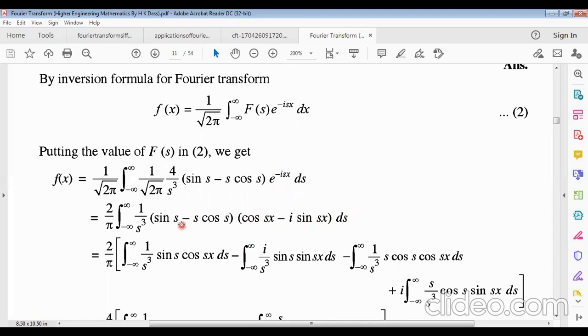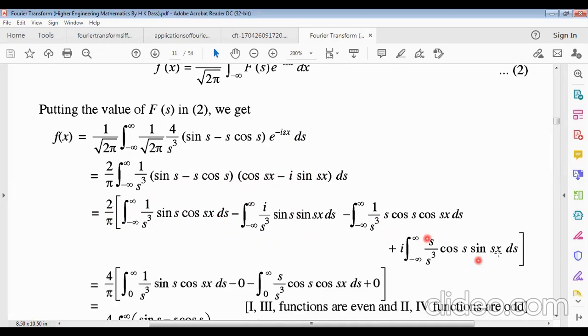So there are two terms actually. Multiplying sin s with this and s cos s with this, we get 4 terms, because sin s multiplied with this makes 2 terms, and minus s cos s multiplied with this gives another 2 terms.